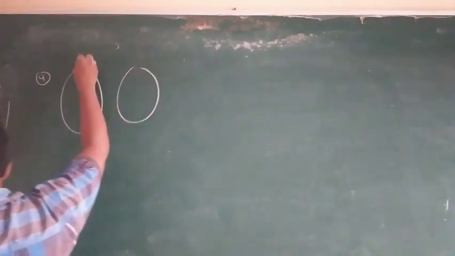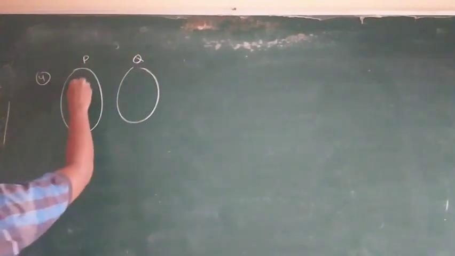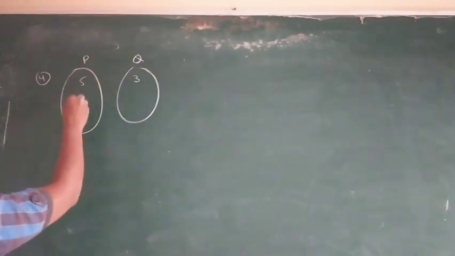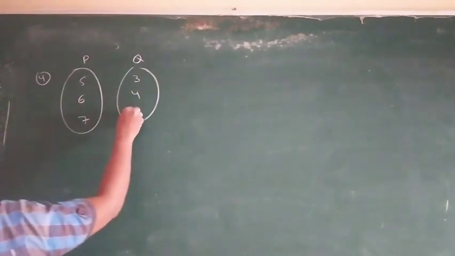Okay, next. Fourth problem. Only a mapping is given, from P to Q: 5 to 3, 6 to 4, 7 to 5.